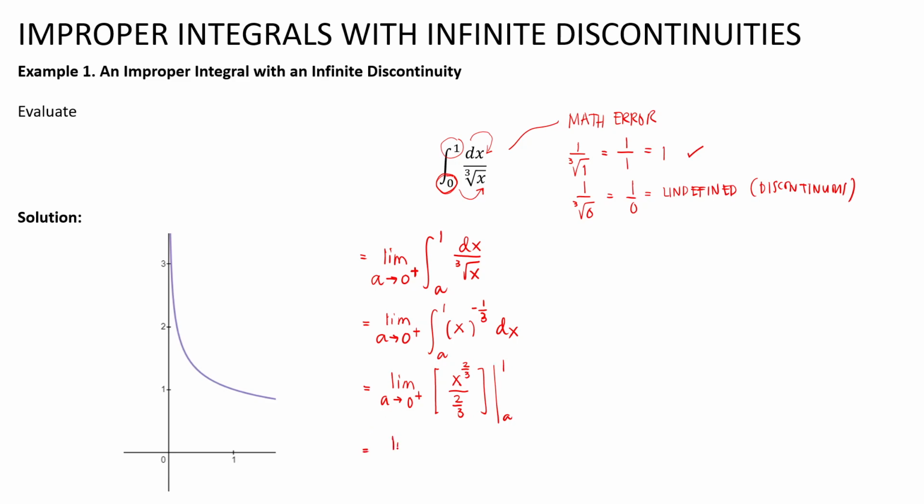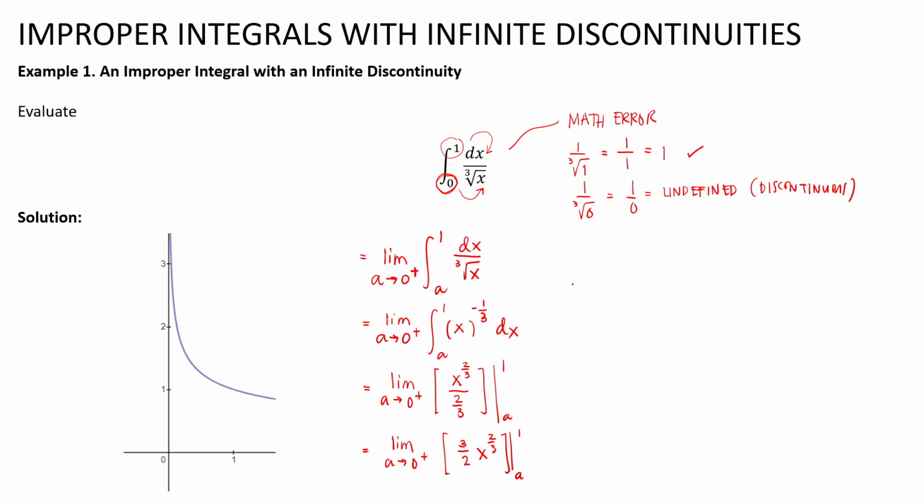Simplifying further, you have the limit as a approaches the right hand side of 0, so you have 3 halves, and then x raised to 2/3 from a to 1.